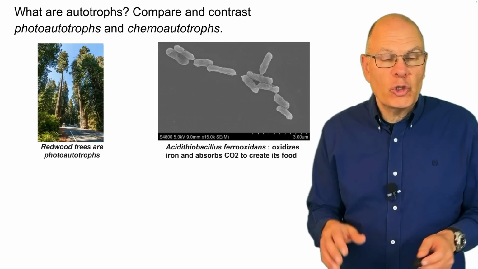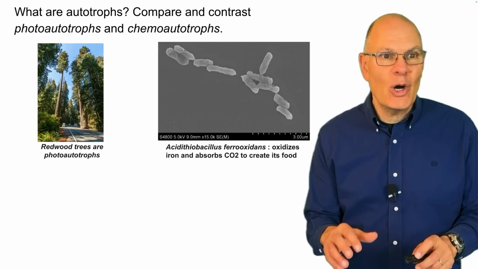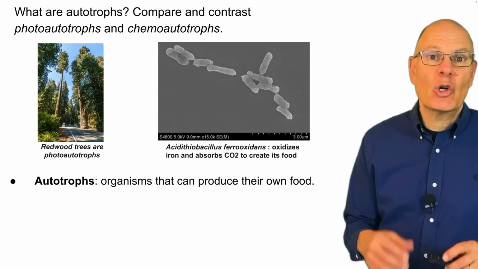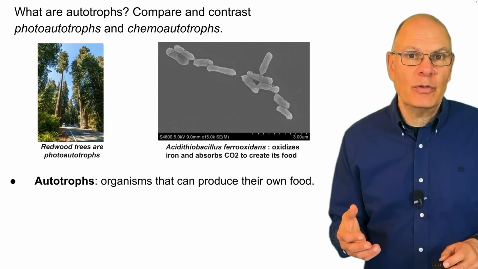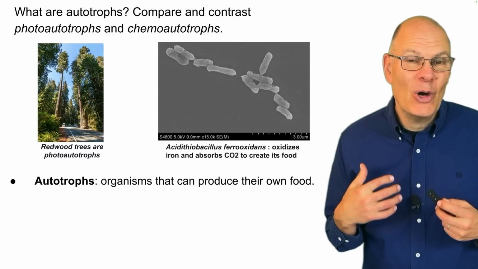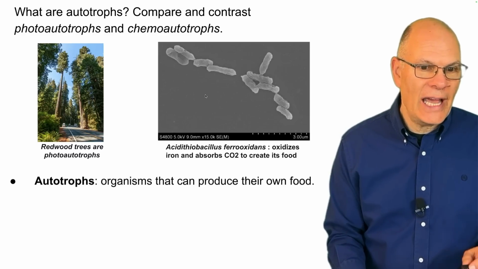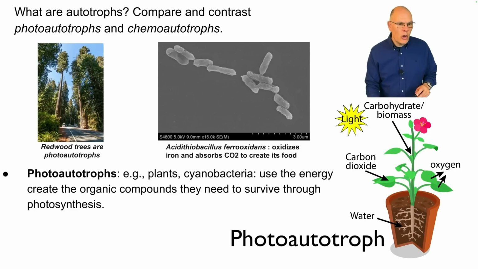What are autotrophs? Compare and contrast photoautotrophs with chemoautotrophs. Autotrophs are organisms that can produce their own food. We are not autotrophs, but plants and certain bacteria and archaea are. So photoautotrophs include plants and cyanobacteria.